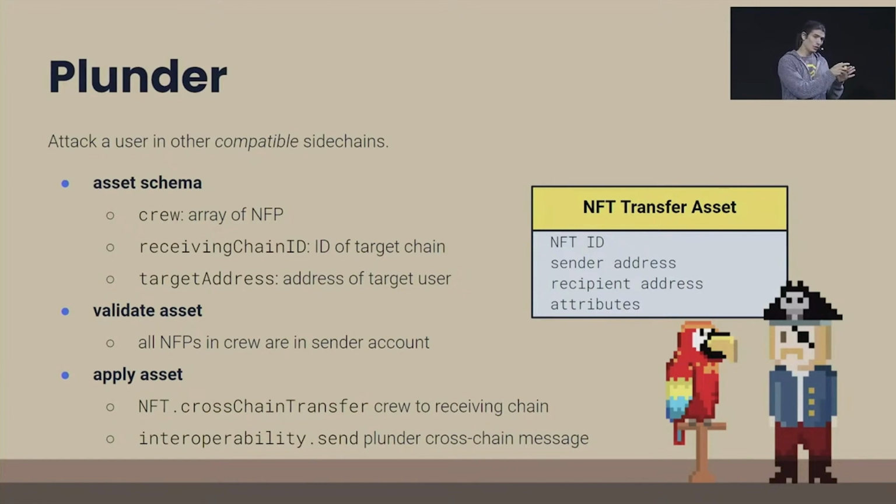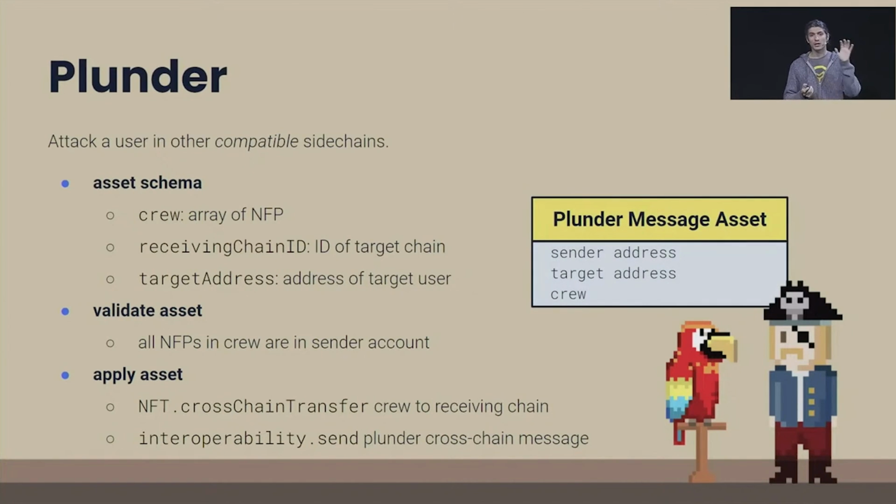All these non-fungible pirates are then sent to the receiving chain, and after these cross-chain messages have been appended to the outbox, we call the interoperability send reducer to create a Plunder cross-chain message. This is our custom cross-chain message that stores the sender address, the target address, and the crew. And this will be used to run the custom logic on the receiving chain.